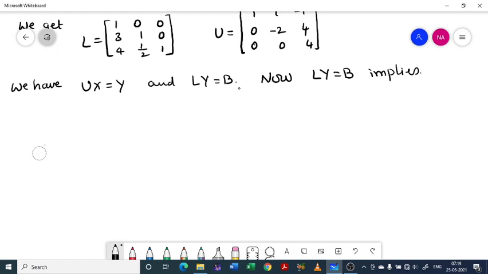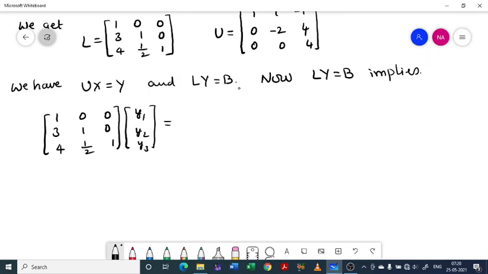What is L? L is [1 0 0; 3 1 0; 4 1/2 1], right? That is L. What is Y? Y1, Y2, Y3. See, I am skipping many steps now. What is B?